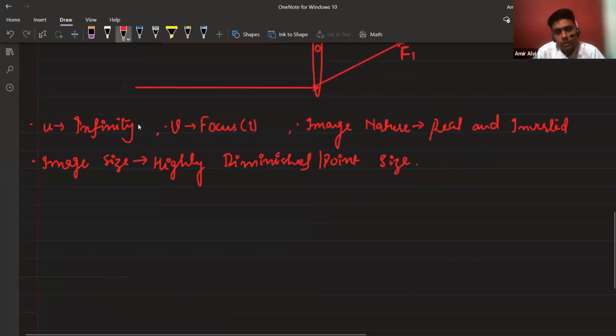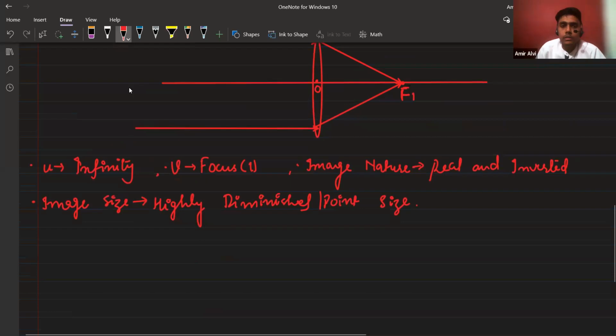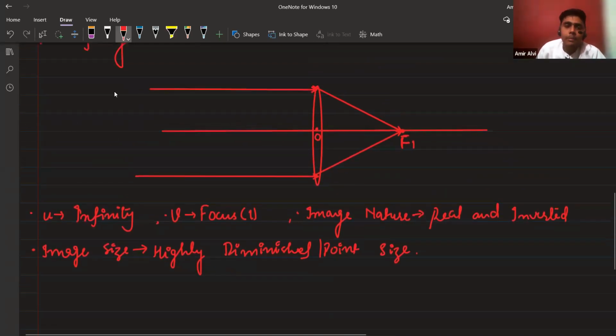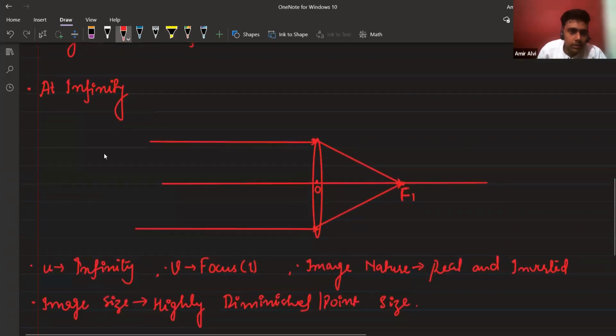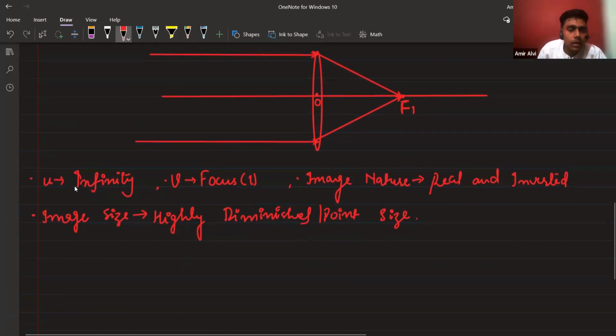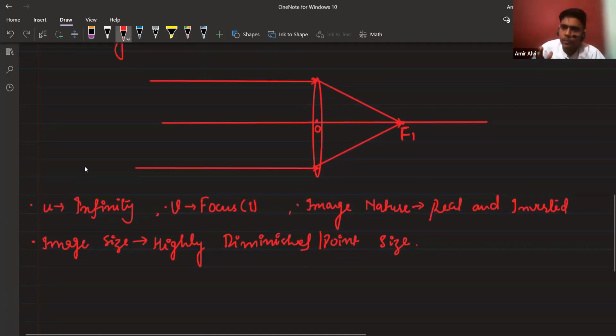Now the object is at infinity. Can anybody tell me what should be the next object position in this case? At focus F1? Not F2. It would be a little bit beyond 2F2, like in the mirror we had beyond C. There is the word beyond C. Here, this is beyond 2F2, because 2F2 is there, and F1 is there.